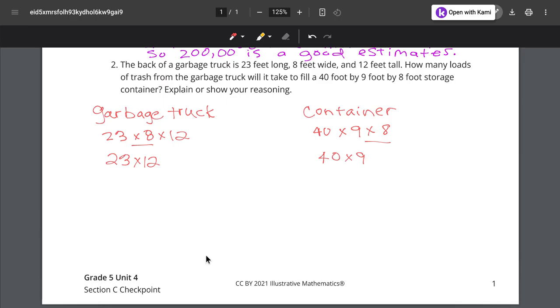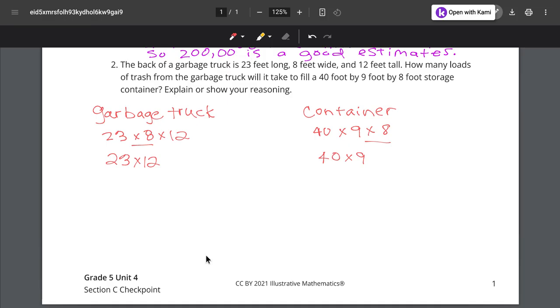I'm going to take for granted that the number I get is going to be 8 times bigger in actuality, but since it's going to be 8 times bigger for the garbage truck and 8 times bigger for the container, it's okay for me to calculate just the two dimensions that are different, because that is where the difference will be. Isn't that a smart way to do this problem?